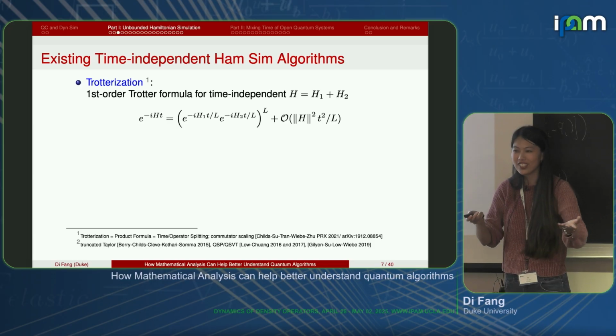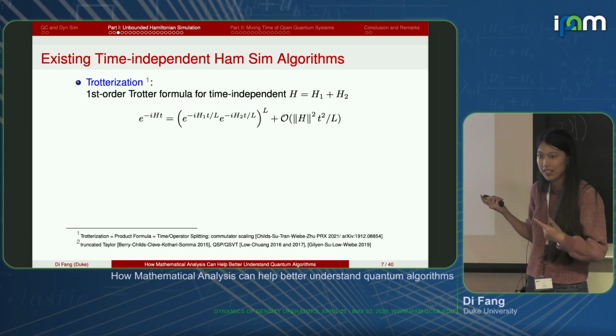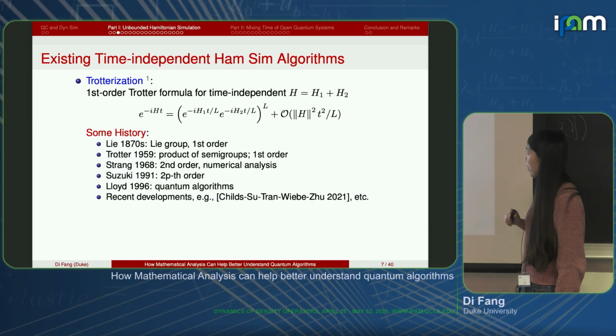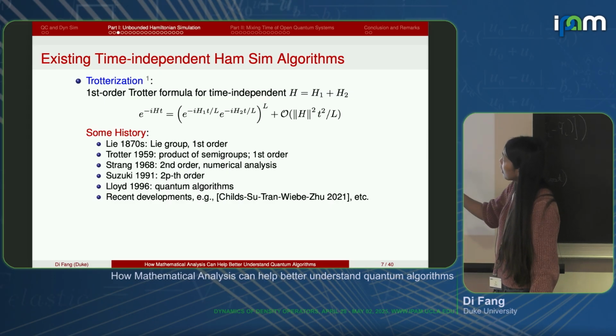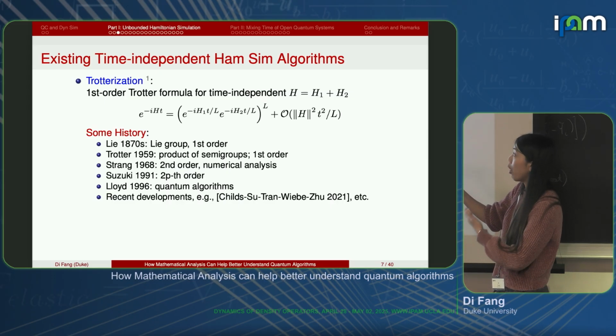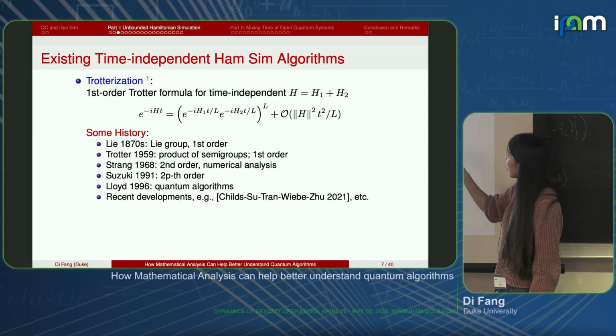I know many of the audience, a number of experts, have proved bounds for this particular problem. So here is the history, and I'm going to skip it. The point is that this is an operator approximation. Certainly the error will depend on certain operator norms.